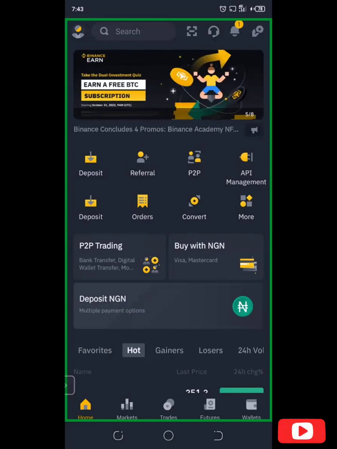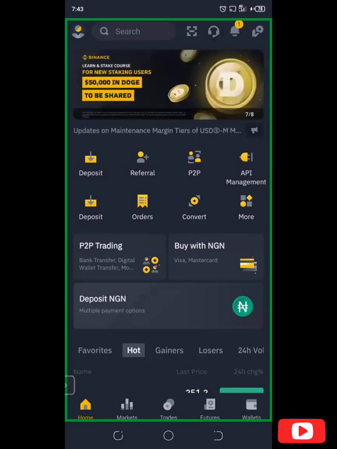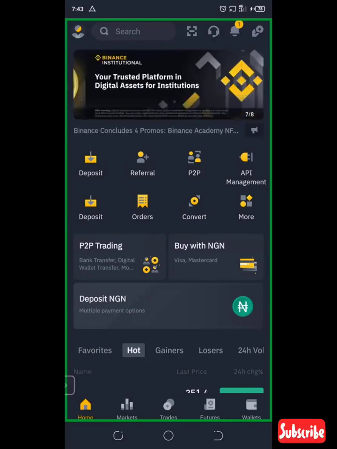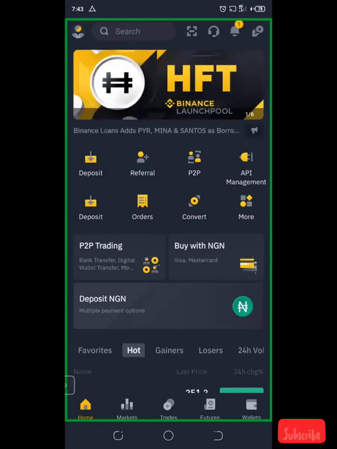My reason is that TradingView gives you access to a lot of tools and flexibility you will not ordinarily get on Binance. Binance doesn't have all of that functionality. But TradingView makes it easy for you as a trader to chart quickly and then go back to Binance and take your trade. It's just very simple.